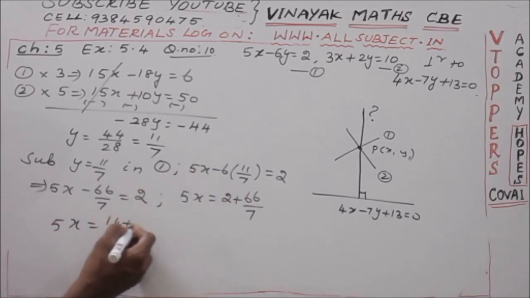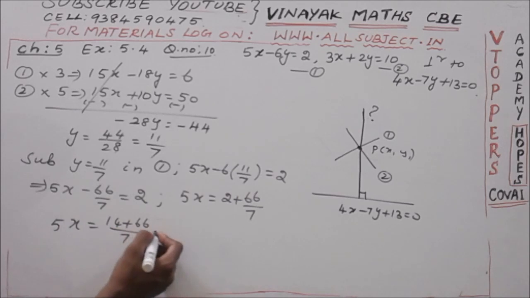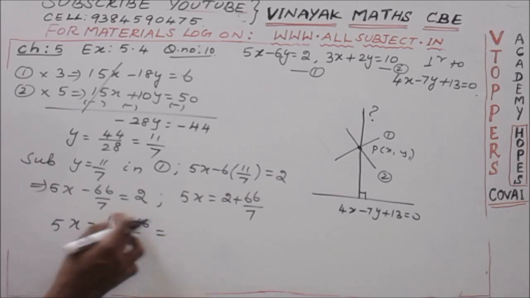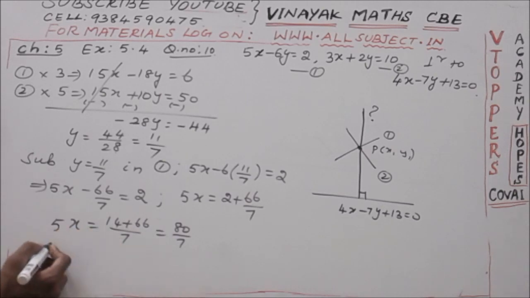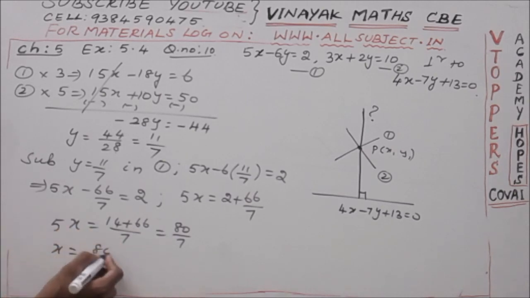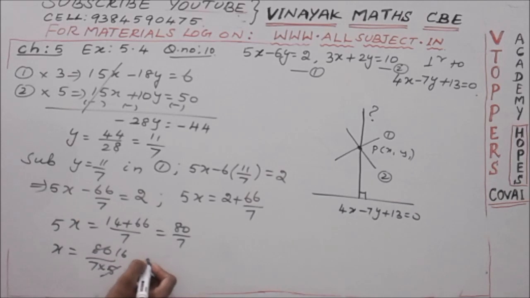So 5x is equal to 14 plus 66 by 7, that is equal to 80 by 7. So 5x is equal to 80 by 7, x is equal to 80 by 7 into 5. We can cancel the 5, 16 equals x, which implies x is equal to 16 by 7.